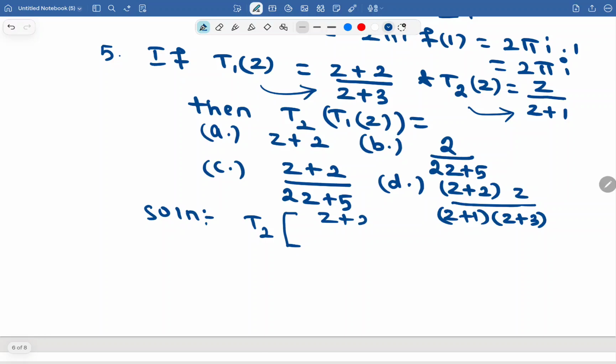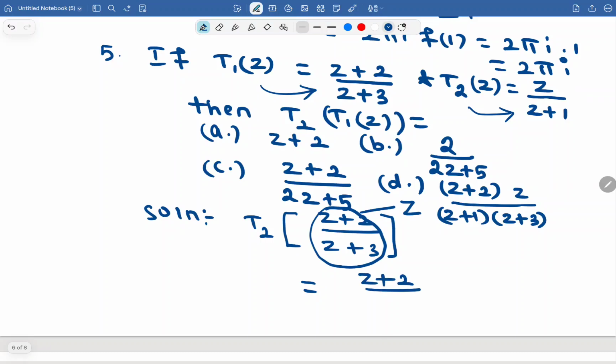Z plus 2 by z plus 3. Treat this as some capital Z. T2 of z is z by z plus 1.